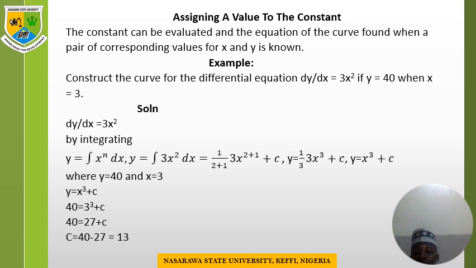If y equals 40 and x is equal to 3, solution: dy over dx is equal to 3x raised to power 2.